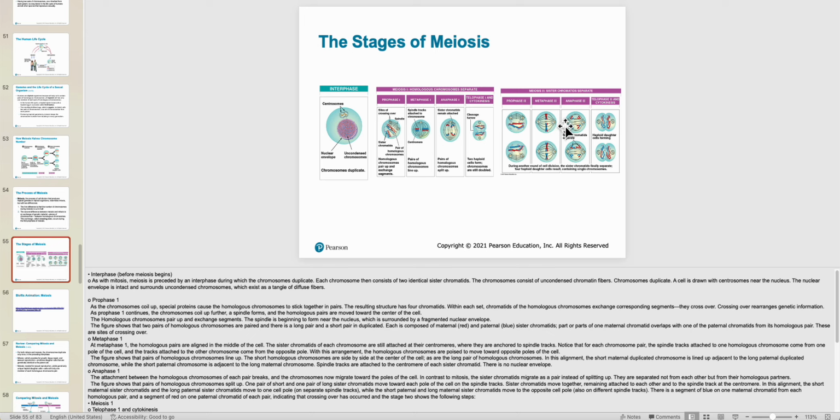Now, when I said earlier about this red mixing with blue and blue mixing with red, well, guess what? How much of that crossing over happens is a random act. You cannot predict how much of the crossing over happens. So that's why when you have kids, you don't know how much of you, meaning mommy, ends up in your kid. You don't know how much daddy ends up in the kid.